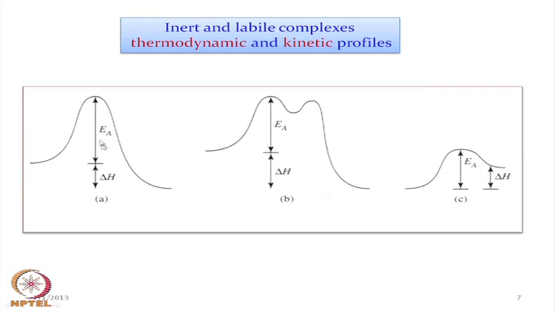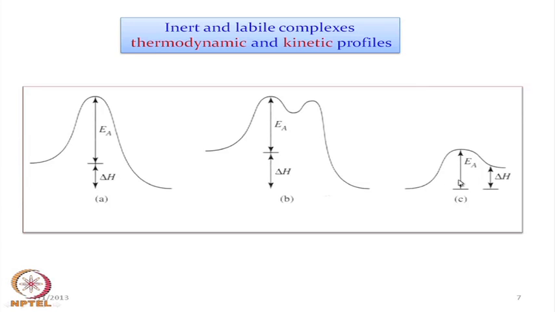In these two cases the EA values are large, so we get very slow reactions, though thermodynamically they are very stable. They have a large equilibrium constant, so thermodynamically they are stable, but the reaction is very slow. So, it is a very inert compound. The complexes are typically inert.